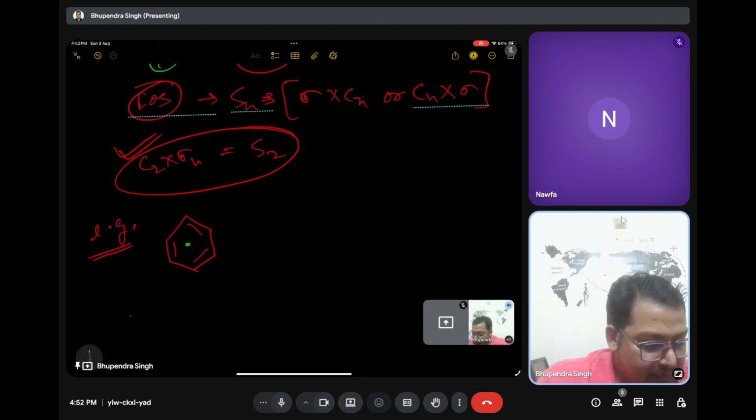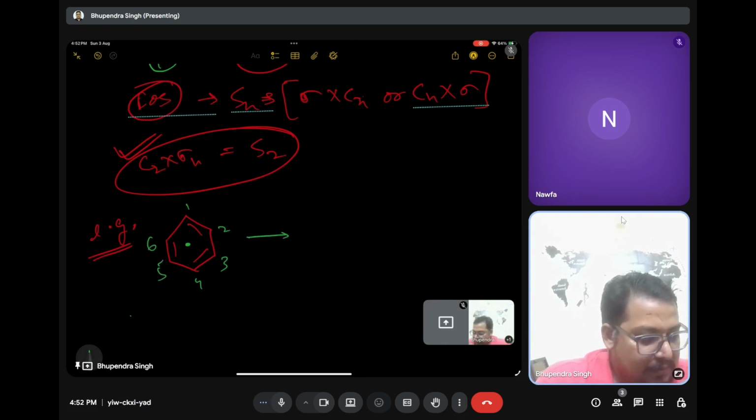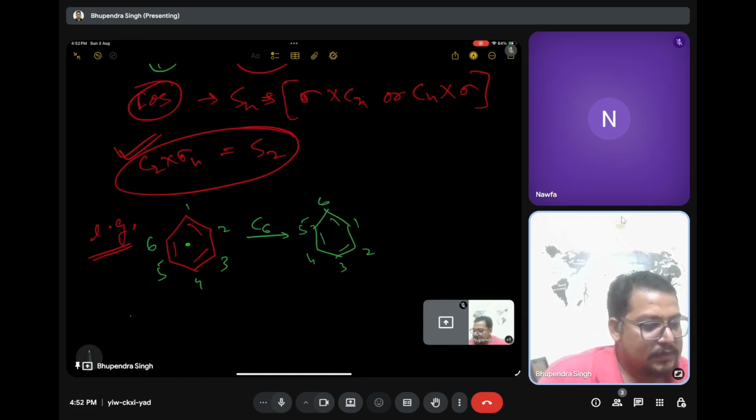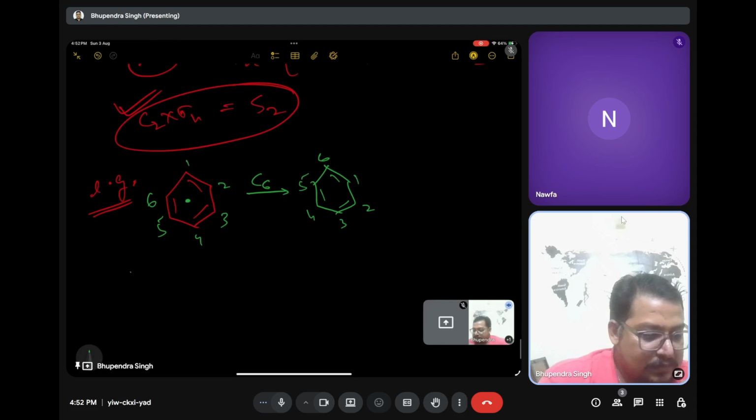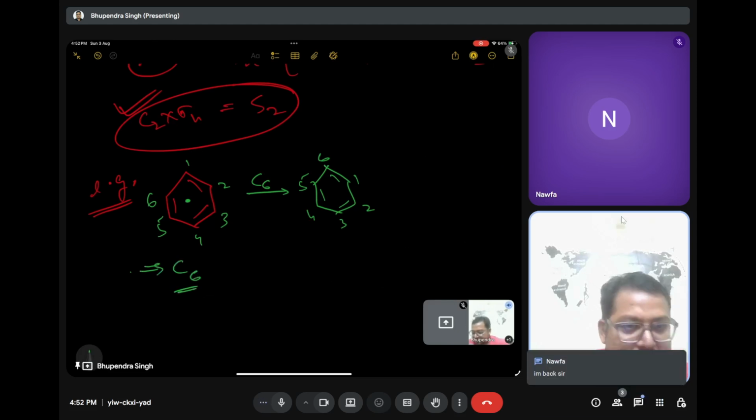So like 1, 2, 3, 4, 5, 6. After applying this axis of symmetry, C6, it will rotate and give a structure like this one. 1, 2, 3, 4, 5, 6. So in this case, C6 is present.